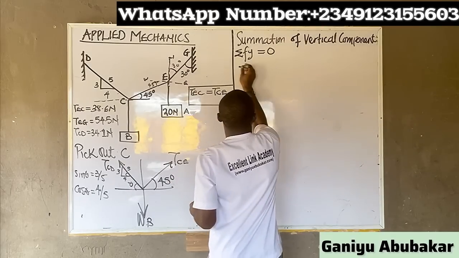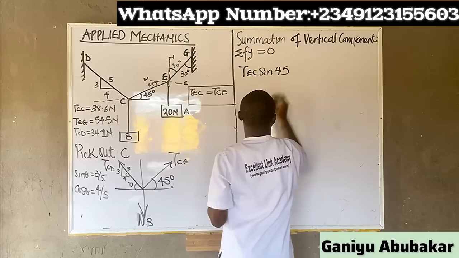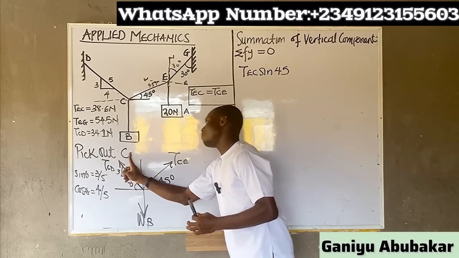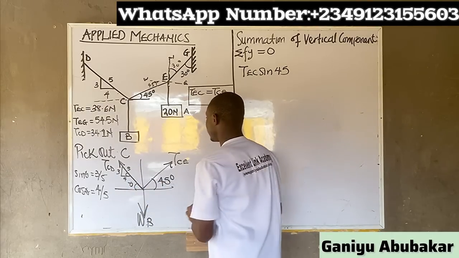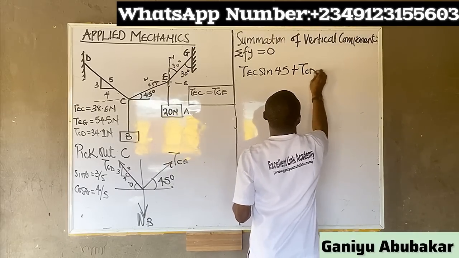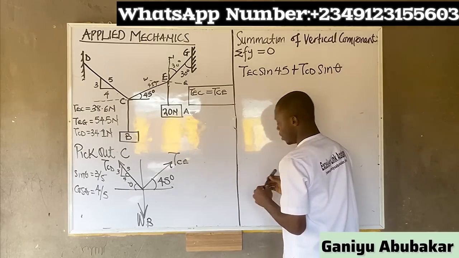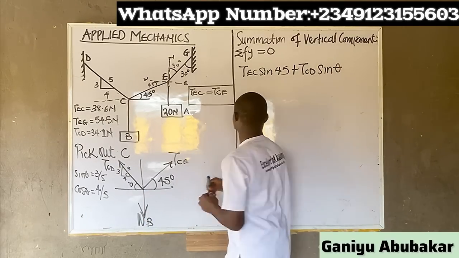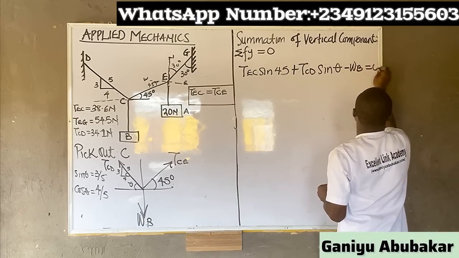If I resolve TDC, this force here, to the vertical, that gives you positive TCD sine theta. Of course, WB is going downwards, negative direction. That gives you minus WB equals 0.